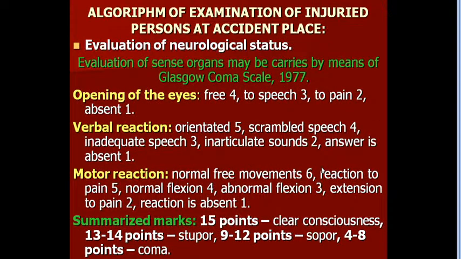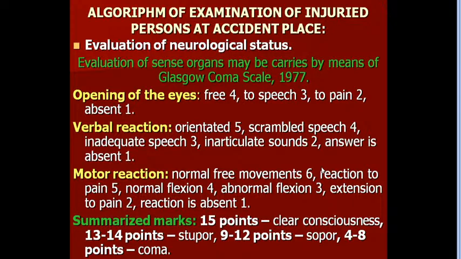Evaluation of neurological status. Evaluation of consciousness may be carried out by means of the Glasgow Coma Scale, 1977. It includes opening of the eyes: spontaneous 4 points, to speech 3, to pain 2, absent 1. Verbal reactions: oriented 5 points, confused speech 4, inappropriate speech 3, incomprehensible sounds 2, absent 1.